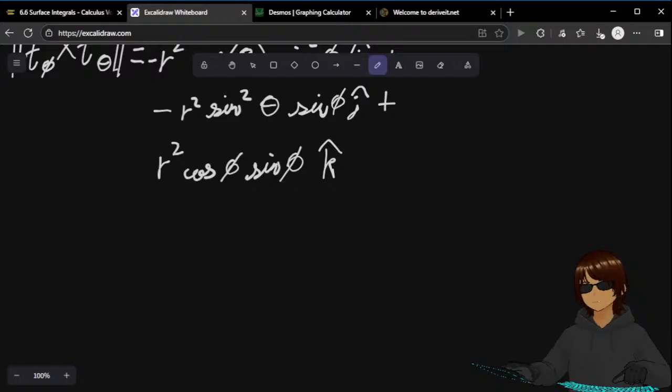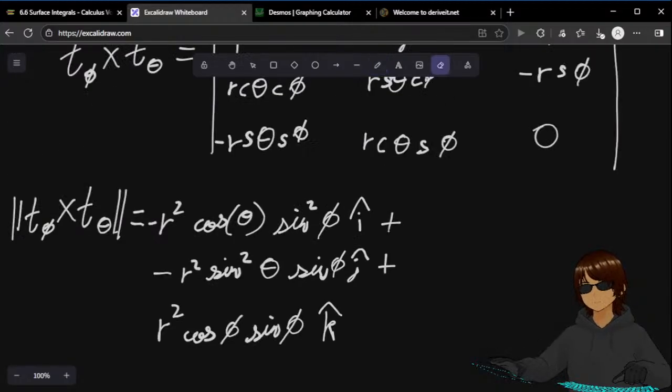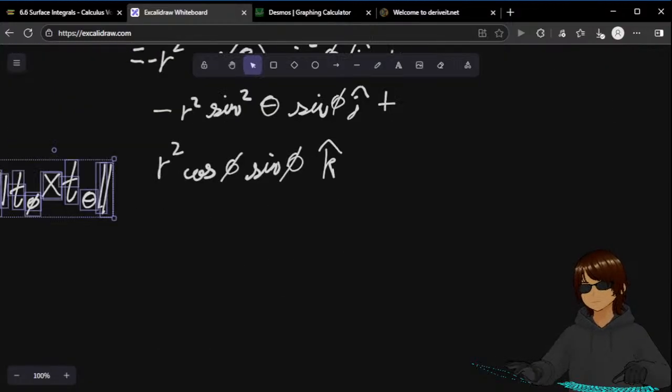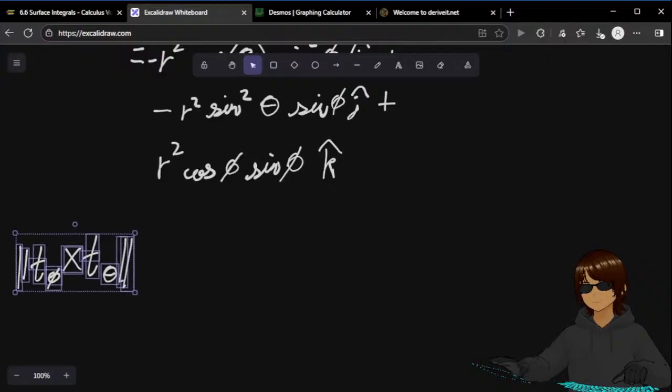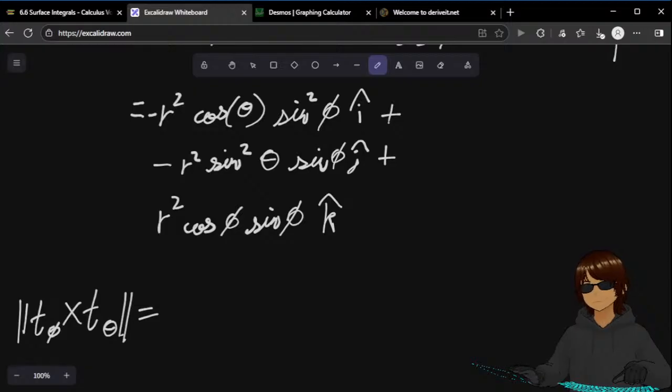No, no, actually, this square plus this square plus this square.